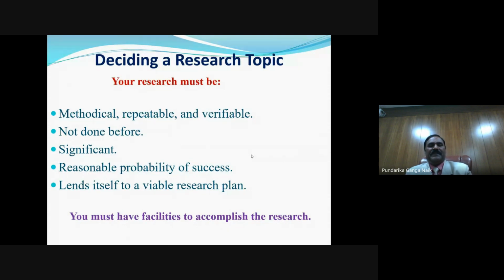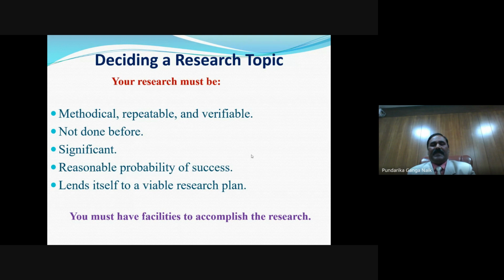And it should be significant. What relevance you have in order to write the research proposal, what is its significance, has to be spelled out clearly in the research proposal. And you should also convince yourself that a reasonable probability of success must be there whenever you are putting up the research proposal, and that it lends itself to a viable research plan.